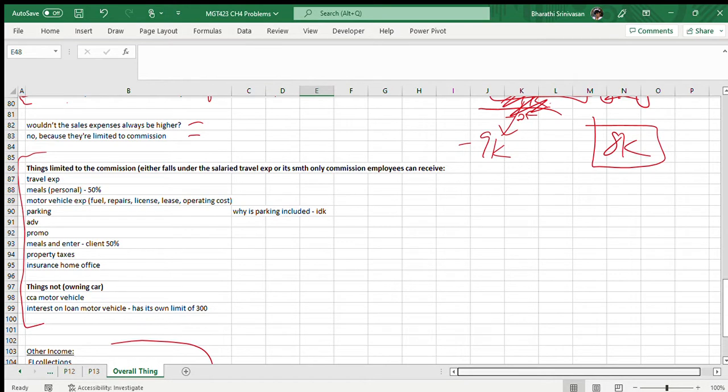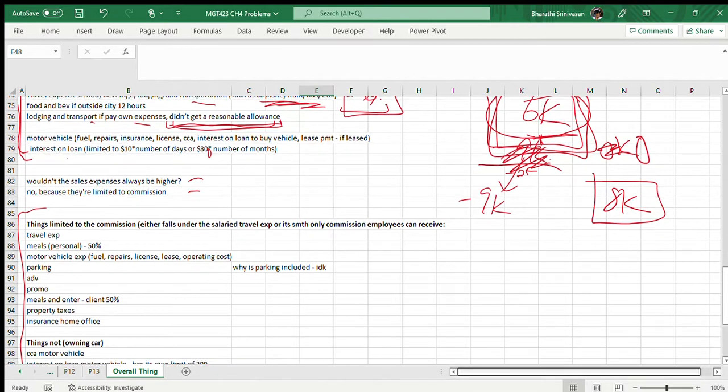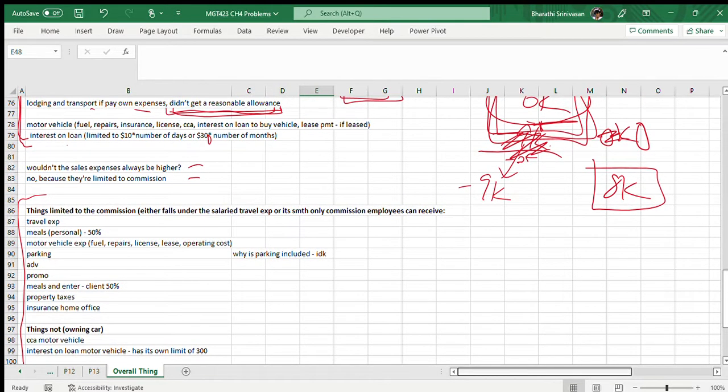But for me, there are certain things that are limited to the commission, like the 6K commission or whatever the commission is, and there are some things that are not really limited to it. So for example, any travel expenses, meals, motor vehicle, advertising, promo, meals and entertainment to entertain the client, property taxes, insurance, home office.